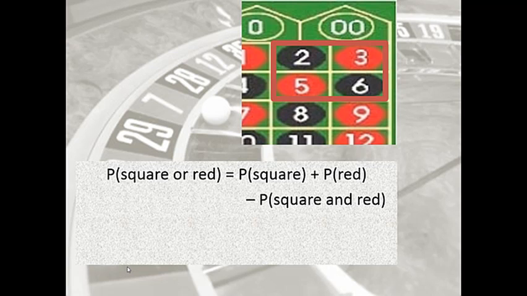For this example, the probability of the square bet winning was 4 out of 38. The probability of the red bet winning was 18 out of 38, and the probability of the overlap was 2 out of 38. So the probability of winning at least one of these bets is 20 out of 38.